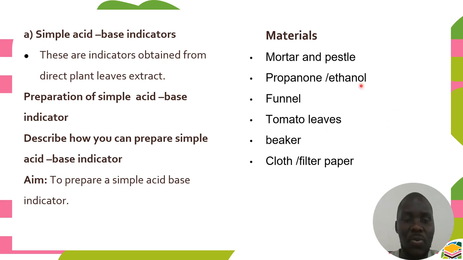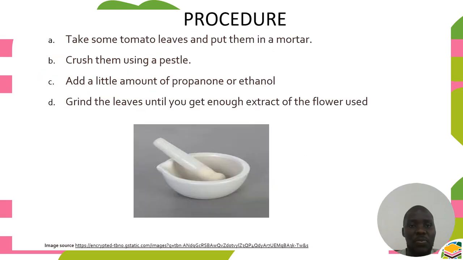From here we're going to look at the procedures that we follow when we are preparing a simple acid-base indicator. Remember, a simple acid-base indicator can be an extract from flowers. So the procedure: first of all, we need to take some tomato leaves and put them in a mortar.